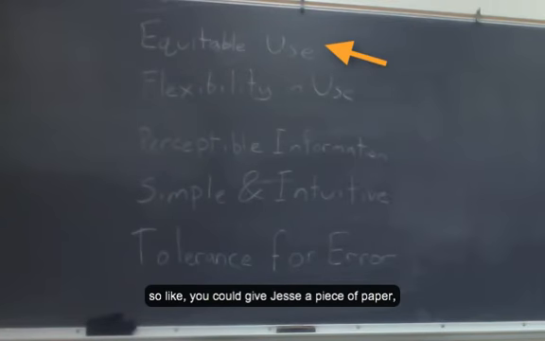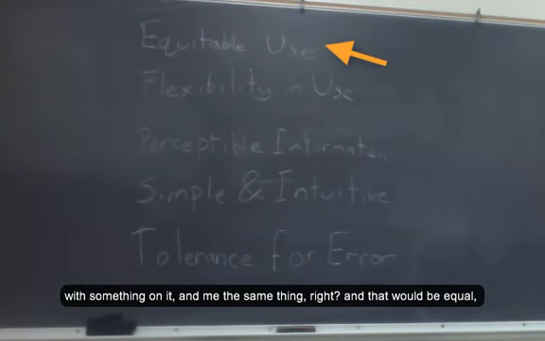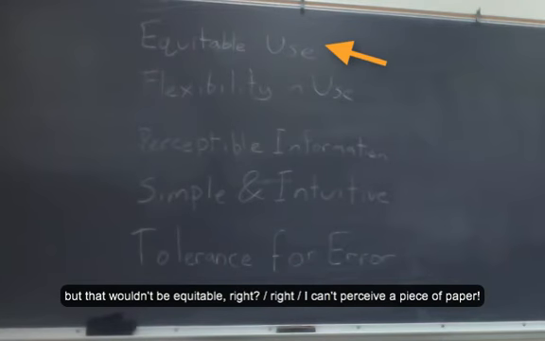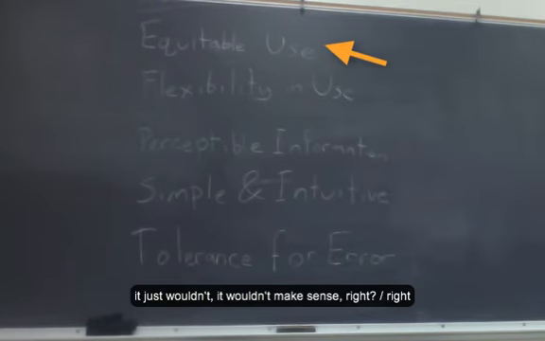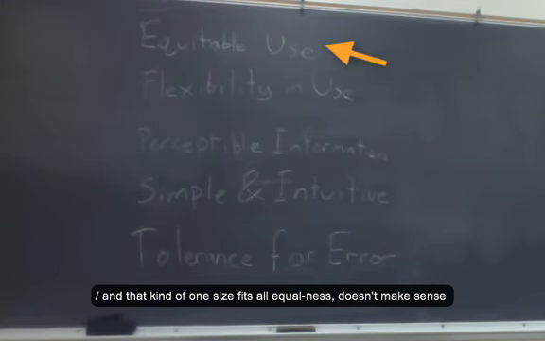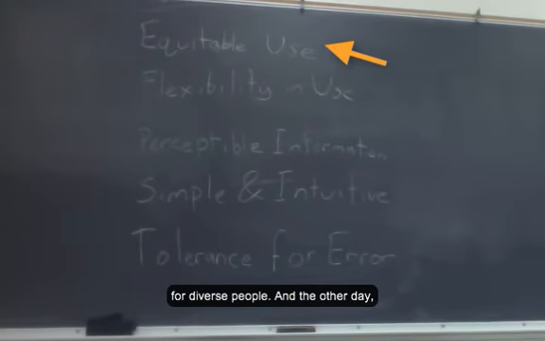Like, you could give Jesse a piece of paper with something on it and me the same thing, and that would be equal, but that wouldn't be equitable, right? I can't perceive a piece of paper. Well, not the words anyway. It just wouldn't make sense. That kind of one size fits all equalness doesn't make sense for diverse people.